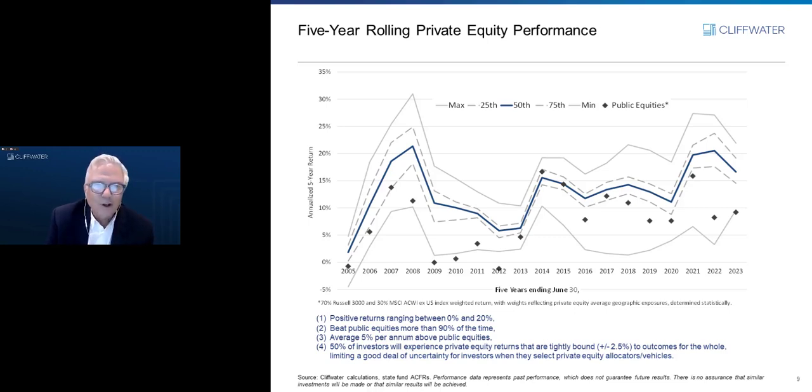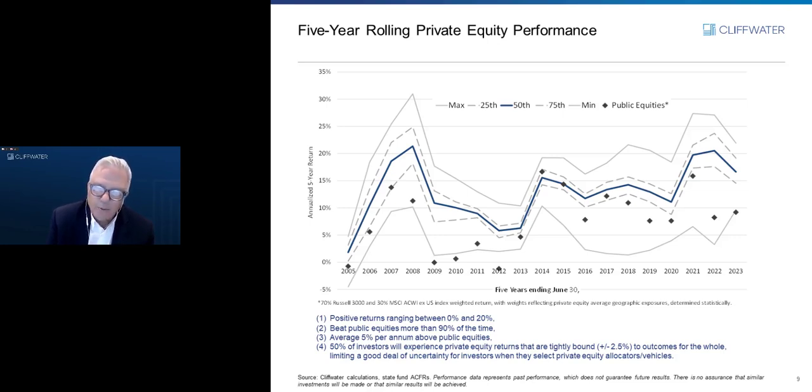Notice that those diamonds always fall below the blue line, with one exception, the 5 years ending 2024, when public equities outperformed by a small amount. And that was the financial crisis rebound period.